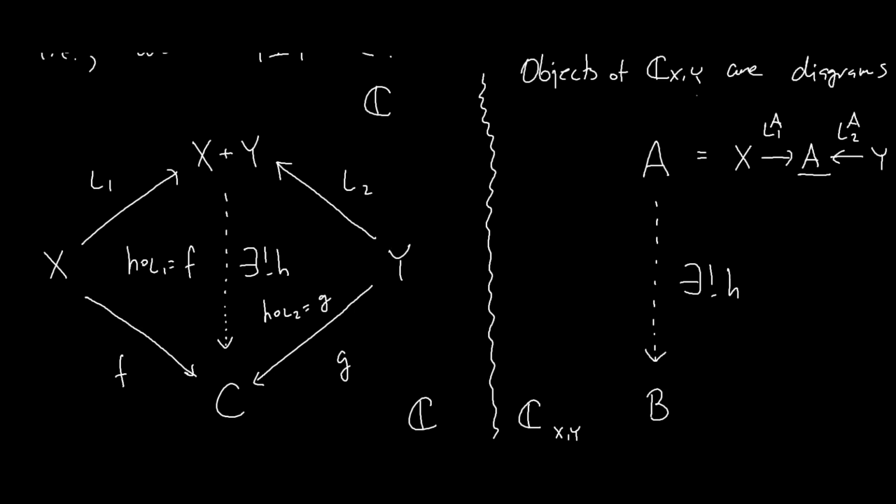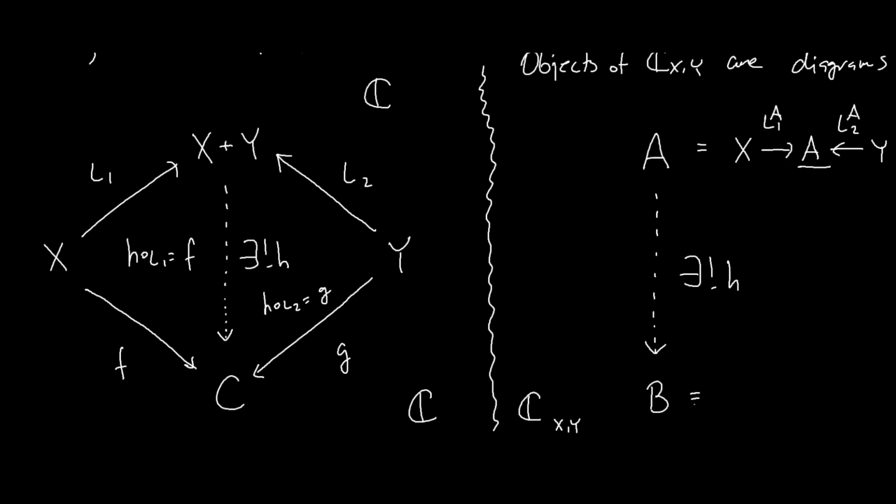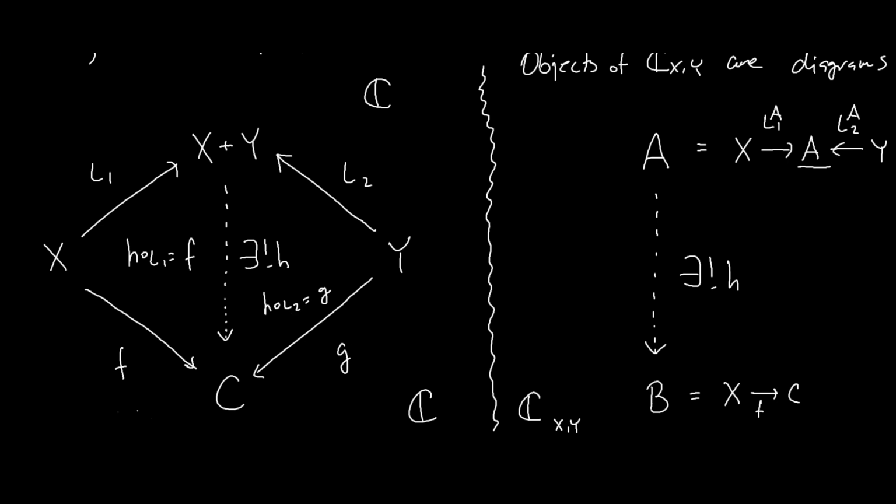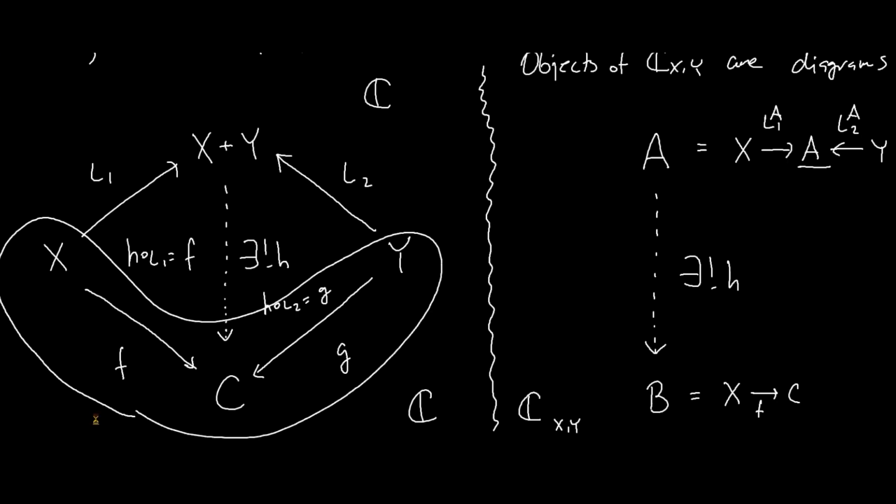So potentially it will be equal to A. Well, in a similar vein, then B, because it's an object in the same category, will also have the same form. And we could think of it to be the other diagram, right? So really here we have a general form of objects of this new category, right? Because we say arbitrary C, F, and G. We're basically saying arbitrary diagram of this shape.